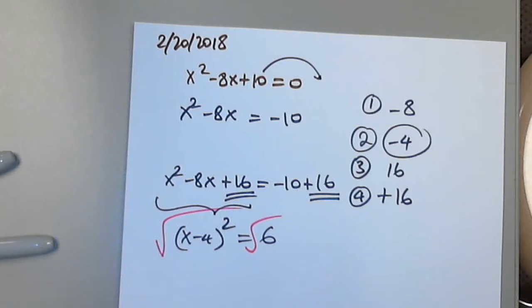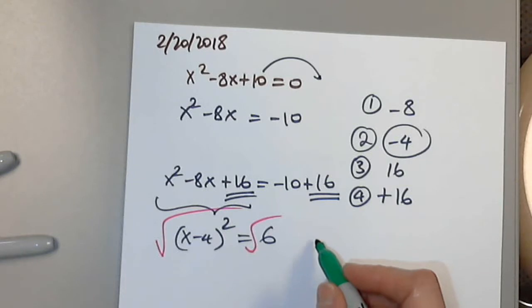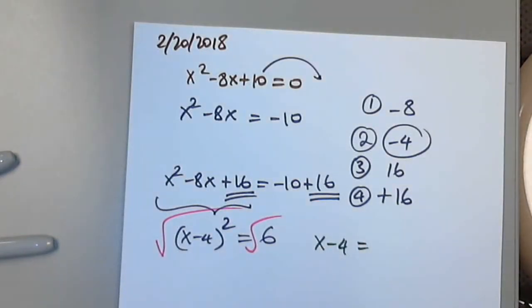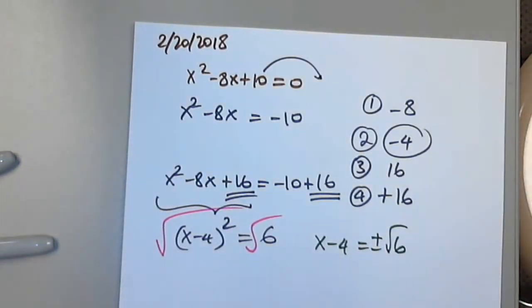And how many solutions do I have to obtain? So that should ring a bell. What do I have to write next? Plus or minus. Exactly. X minus 4 equals plus or minus root 6. That's it. If I forget to put plus or minus, I can't get full credit because I only get one solution instead of 2.